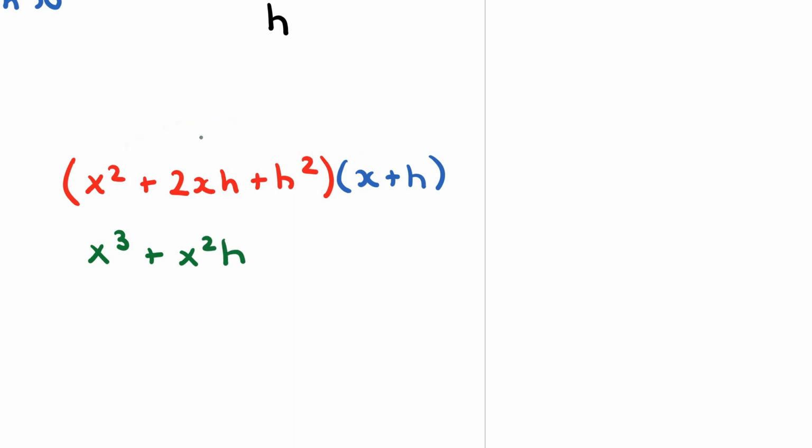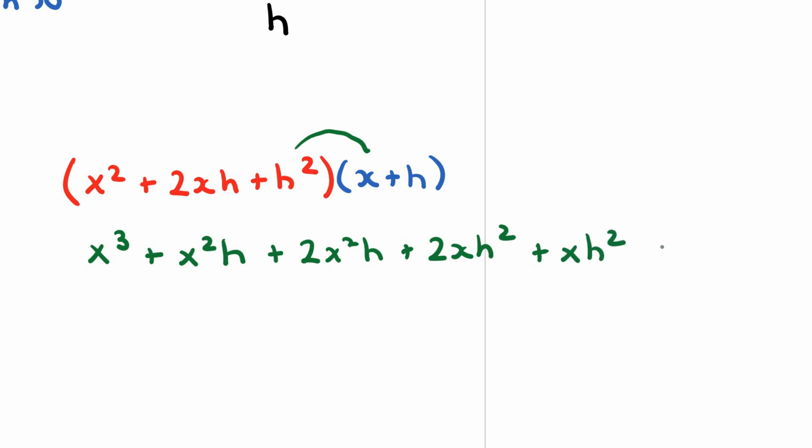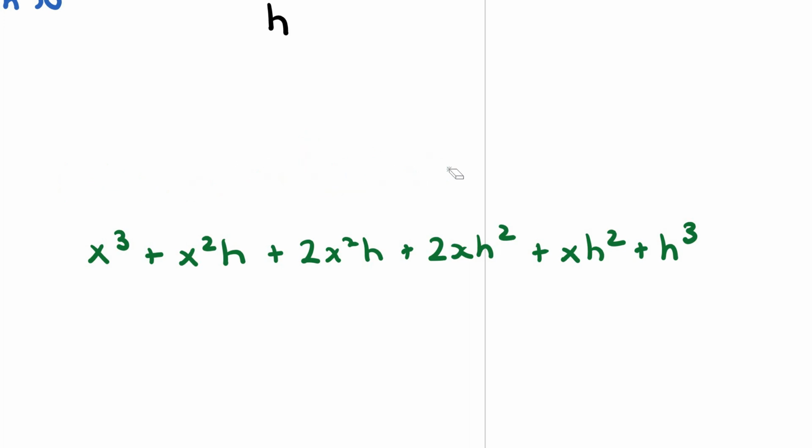And then if I now multiply the middle term, the 2xh, with this, I get plus 2x squared h plus 2xh squared. And then finally this last one, if I multiply that with that, I get positive xh squared plus h cubed. Okay, so that's looking pretty good there, quite a bit of work.